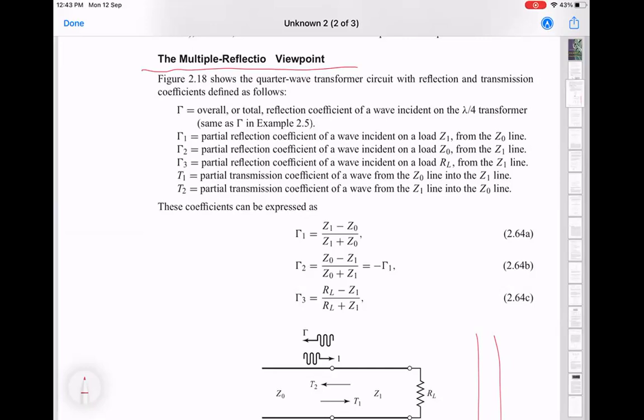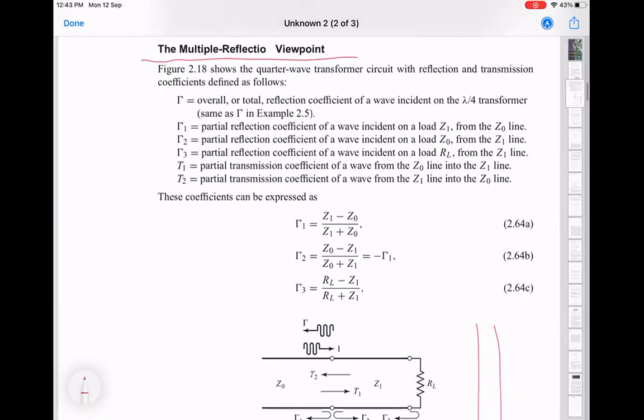So this is to look at the multiple reflection point of view based on that analysis we just did about how to think about waves at a boundary between 2 different transmission lines of different characteristic impedance. How do you actually compute the net reflection coefficient? There are many things here, so let's go through it one by one.